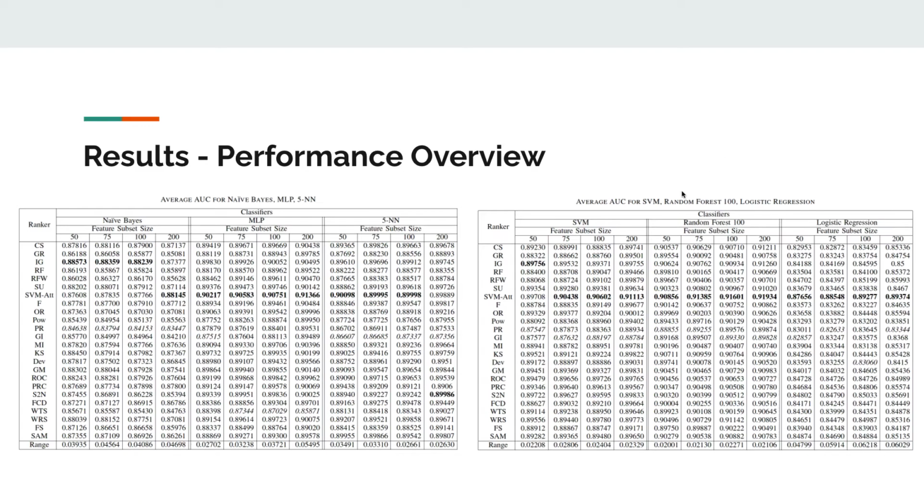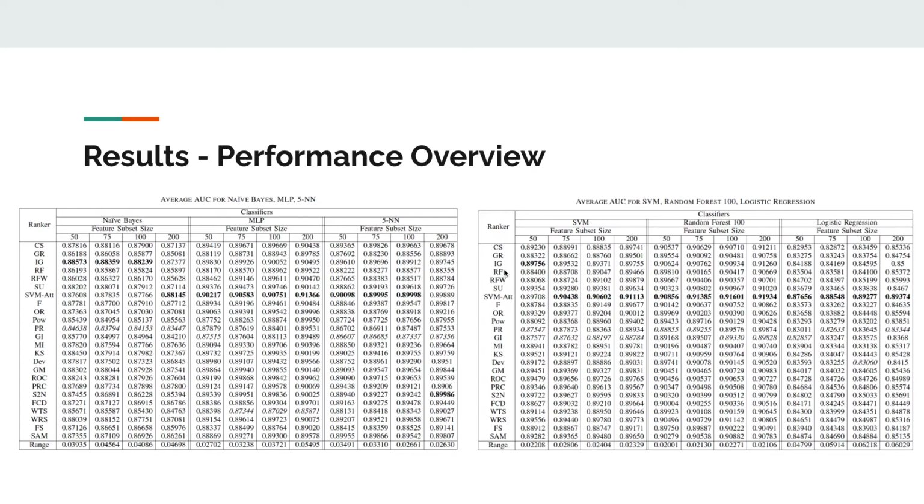The bold values are the best performance of a classifier under a feature size. So for example, this is the best performance of classifier SVM under feature size 50 across all the feature rankers.